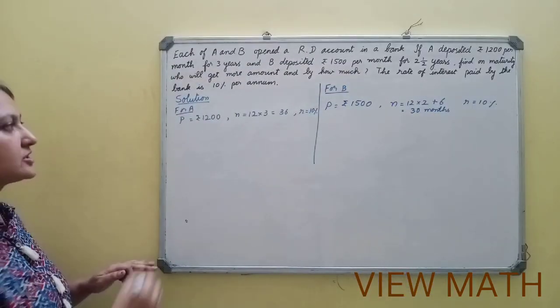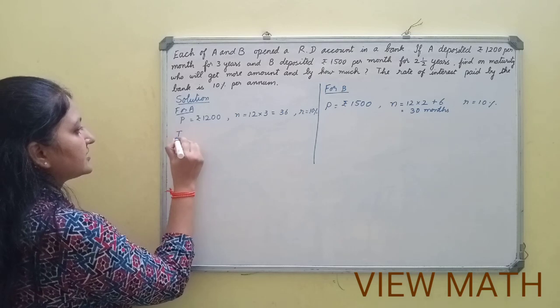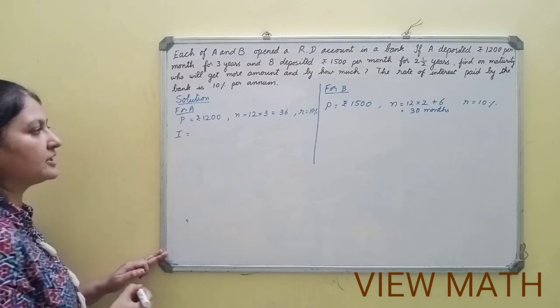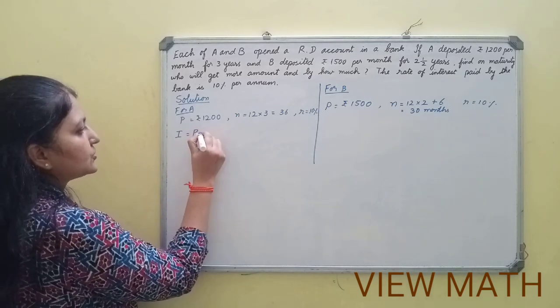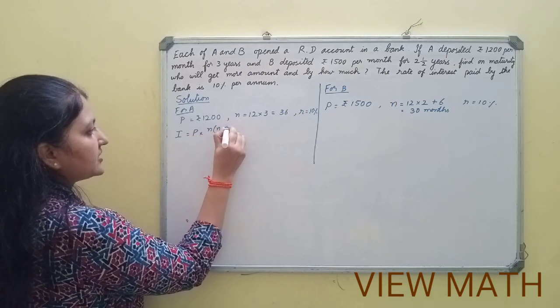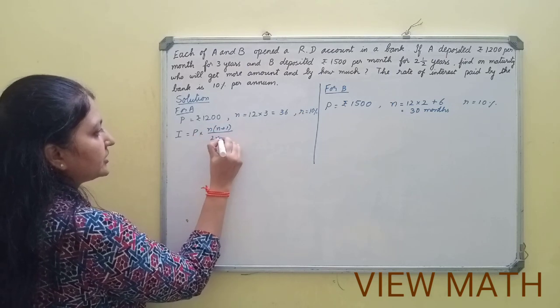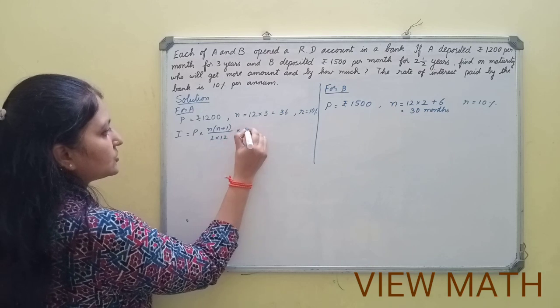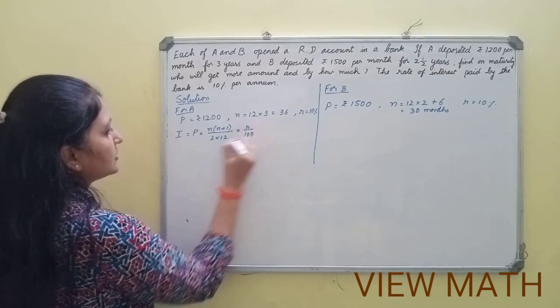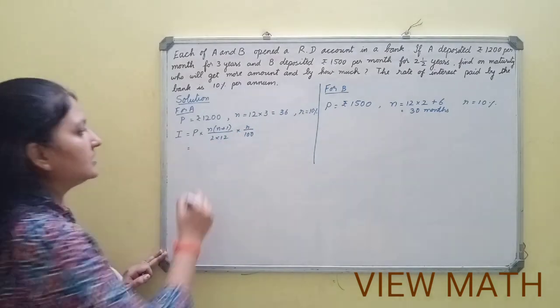Now let me calculate the maturity value. First I have to calculate the interest. I is equal to, let me write the formula, P into N into N plus 1 by 2 into 12 into R by 100. So let me substitute in this formula.